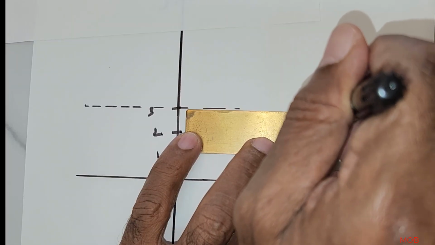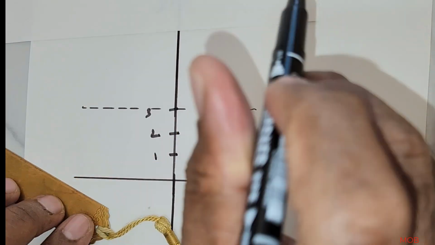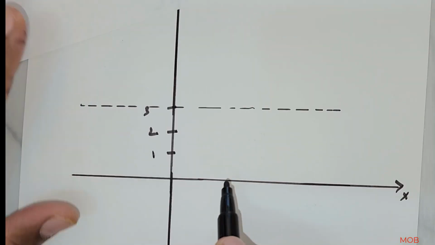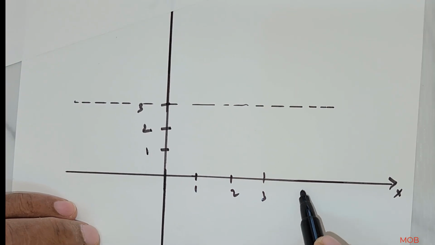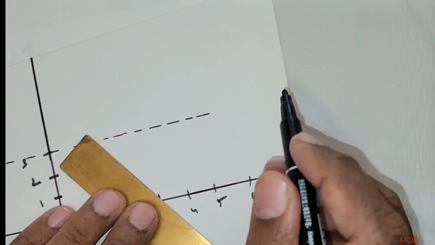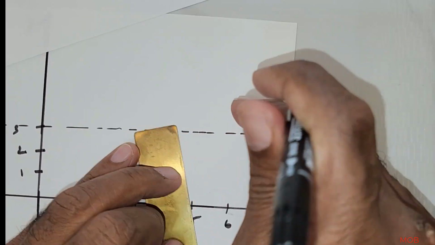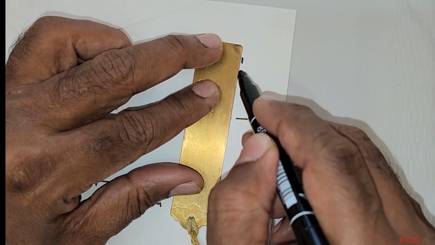So this line is moving. Now we got x is less than or equal to 6. So this is 1, 2, 3, 4, 5 and 6. So x is equal to 6.